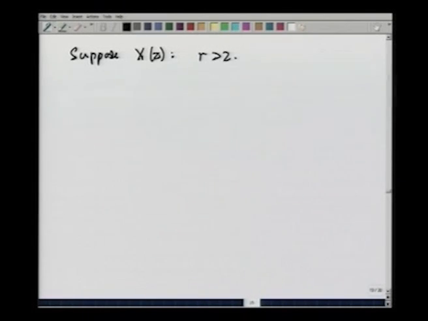Now, is it possible to have an ROC which is r greater than 2 for an expression like this? It is not possible, because remember that X z equals 1 by 1 minus 2z inverse plus 1 by 1 minus 5z inverse.